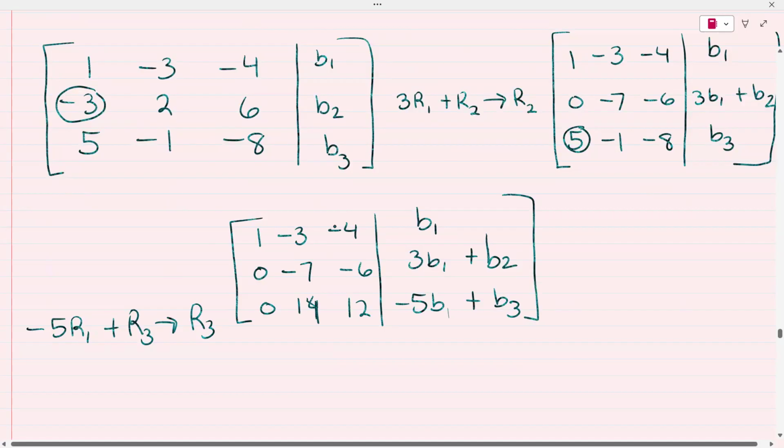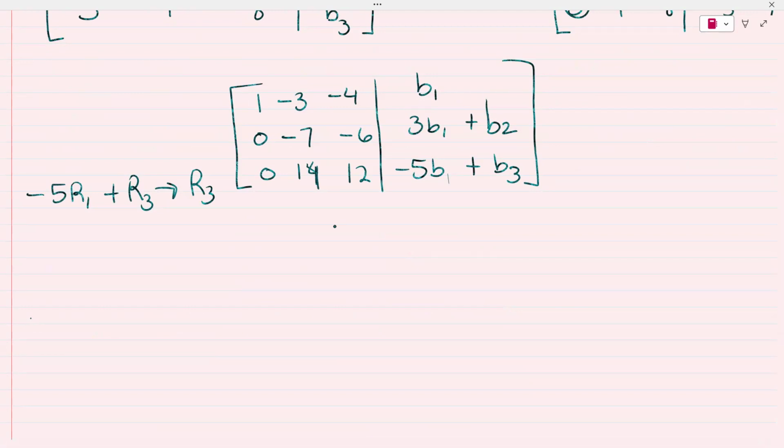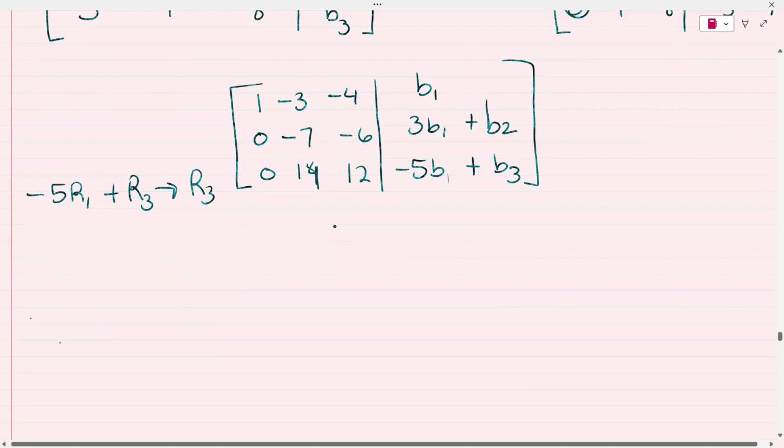Okay, then find the pivot position. All we need is REF. So what we have to do is just get more pivots. Maybe the next thing I would do is make this 14 into a 0. So how would I do that? I would do 2 times row 2 plus row 3, and that should give you your new row 3.